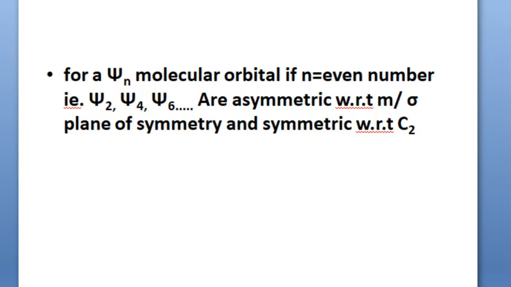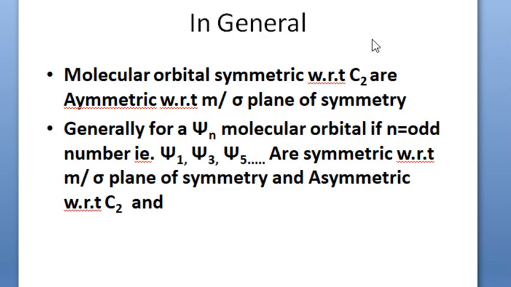From this you can put it like this: molecular orbitals that are symmetric with respect to C2 are asymmetric with respect to sigma, or the plane of symmetry. If C2 is symmetric, the plane of symmetry is asymmetric. If the plane of symmetry is symmetric, C2 is asymmetric.